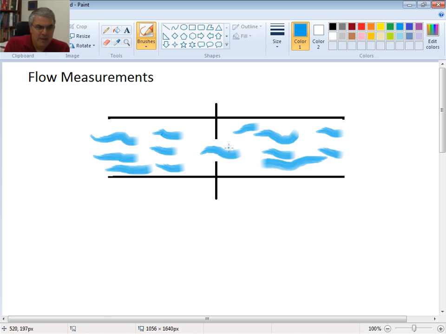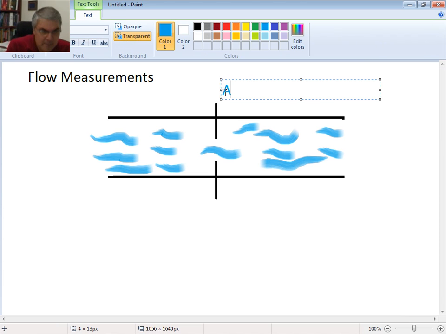So the flow rate here is measured by Q, and for this opening, of course, we're going to have a certain cross-sectional area. Let's call that cross-sectional area A. And also, we're going to have the time that's involved, and the speed of the fluid that goes through this point.